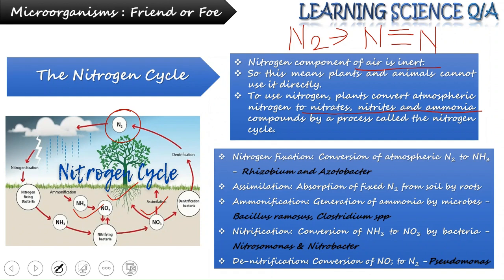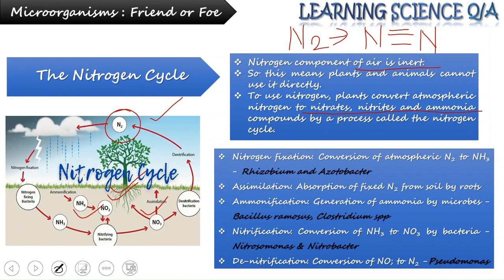Once these compounds are formed, they can be easily taken up by the plant and assimilated. Once the plant is dead or decayed, the nitrogen present in the plant is converted back into its natural form by the process named denitrification.